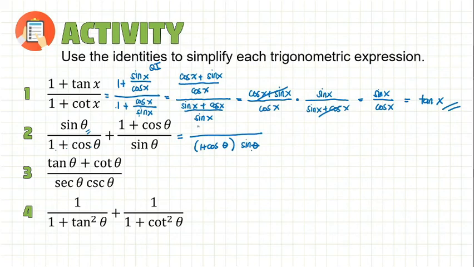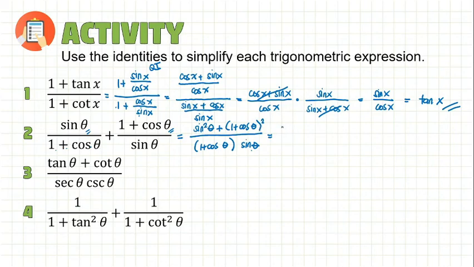So we will have sine squared theta, right? Plus this one, 1 plus cosine theta sine theta divided by sine theta. So this is just 1 plus cosine theta, right? Times this one. So this is 1 plus cosine theta squared, right? Now let's try to expand this one.